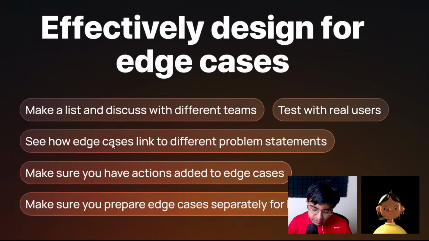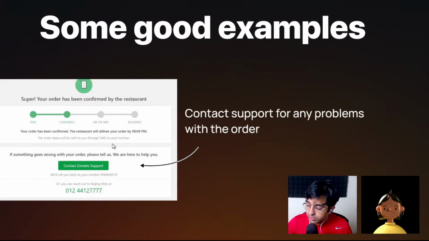What do you say, Sonia? Have you had problems designing edge cases with your own products? Yeah, exactly, most of the time. When we try to solve any problem, there are different paths. One is the happy path.